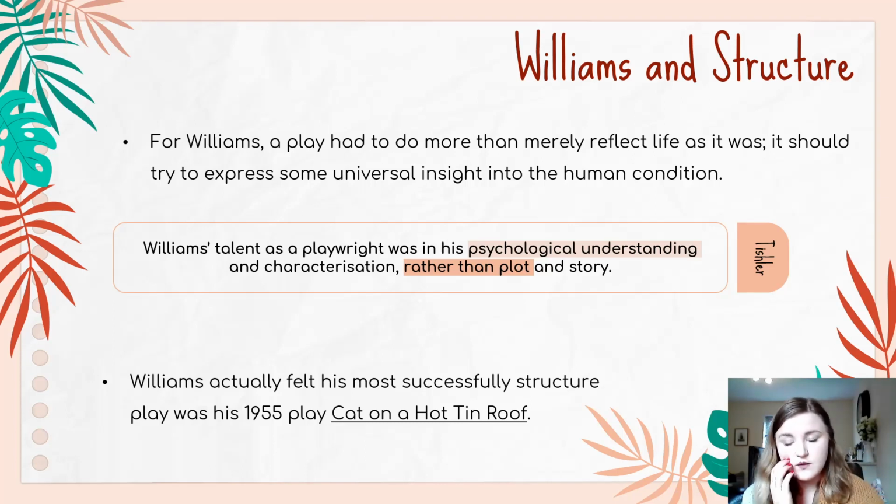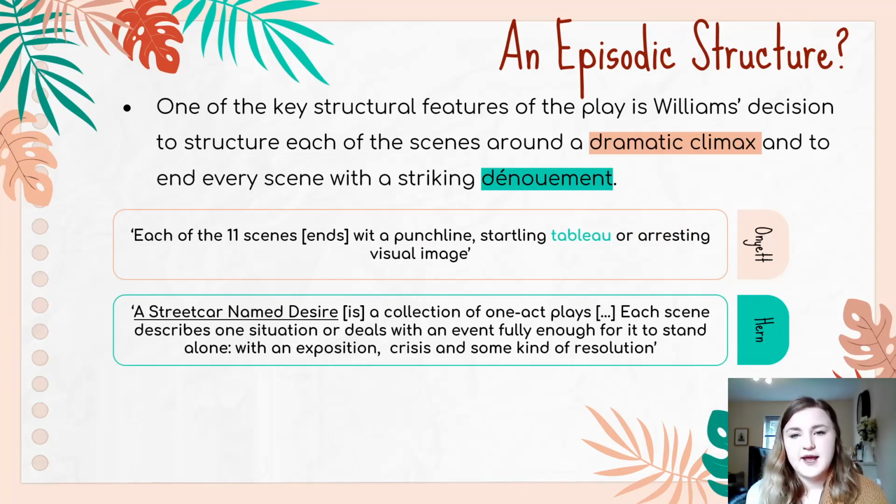If we believe that Williams wasn't intending the play to be divided into these three distinct structures, or to be evaluated within this three structure model, and instead to be looking at the psychological understanding rather than the plot structure as a whole, we might be thinking about the play as having an episodic structure.